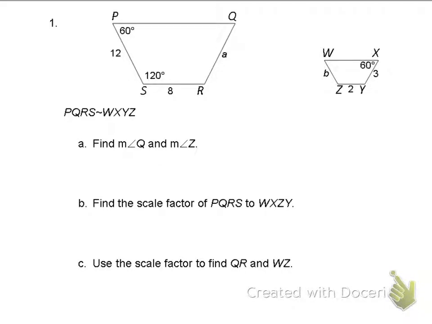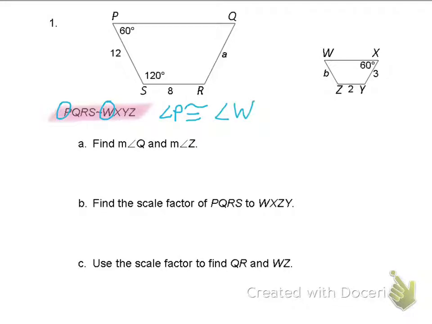So again, this is our similarity statement. And the similarity statement shows corresponding angles and sides by the order of which the letters are written in the similarity statement. So if we're looking at angles, we would have angle P is congruent to angle W because they're the first angles in the statement.